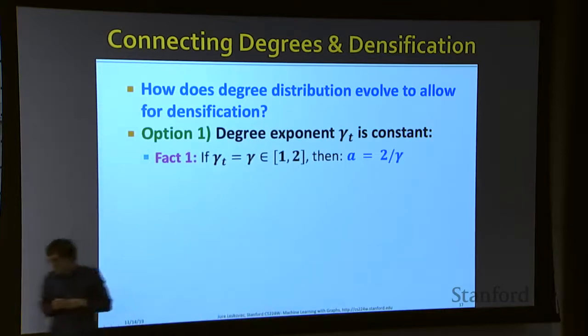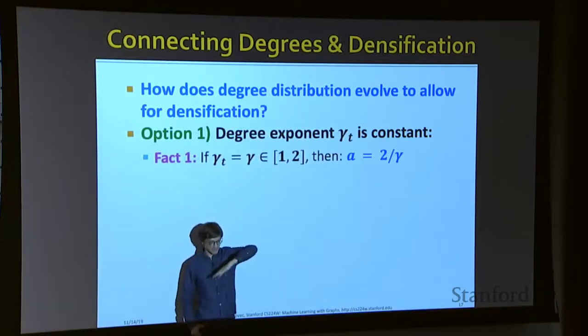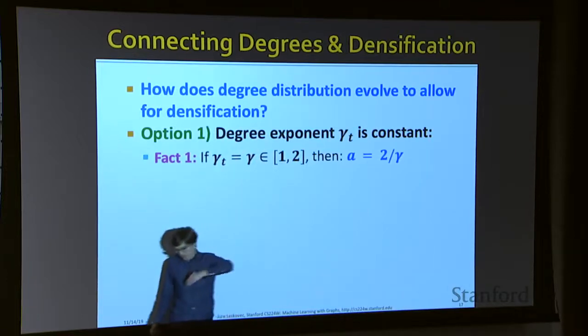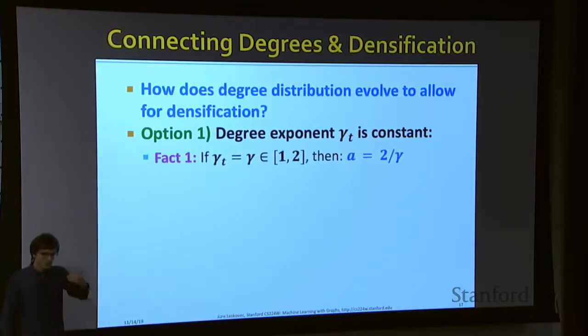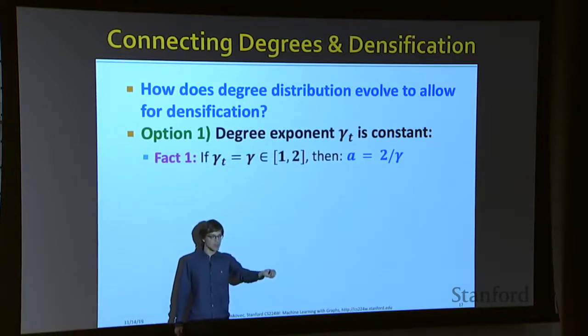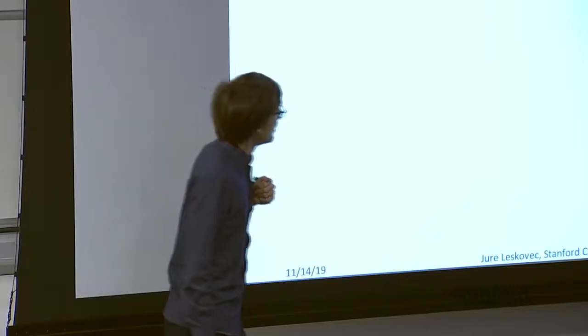So what does this mean? You can have a degree distribution that maintains its shape, but because it is so heavy-tailed, as more nodes arrive, more heavy-hitter, high degree nodes will come, and that will push the total number of edges, the sum of the degrees, to increase over time.